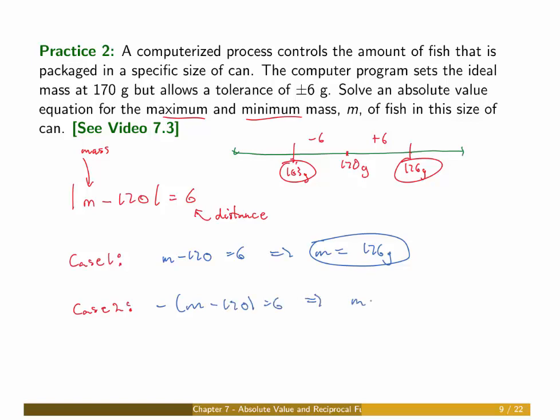Therefore, m is going to equal 163 once you work this out. Okay, so that's how you tell a computer to do it. Remember, you can define to a computer the definition of absolute value. Therefore, it would go through this for you, and it would pump out a solution.